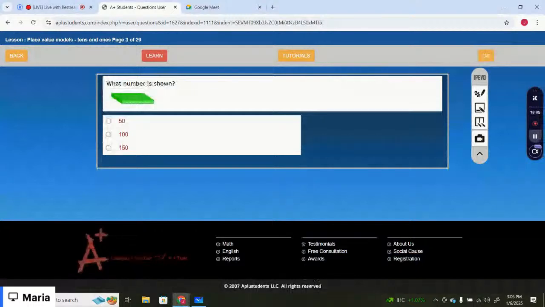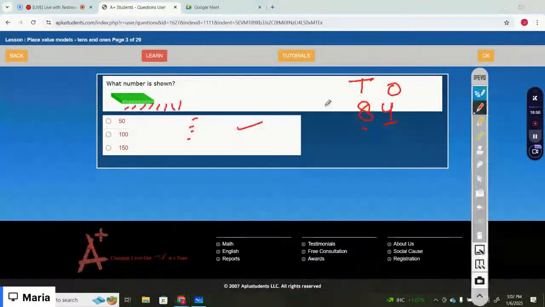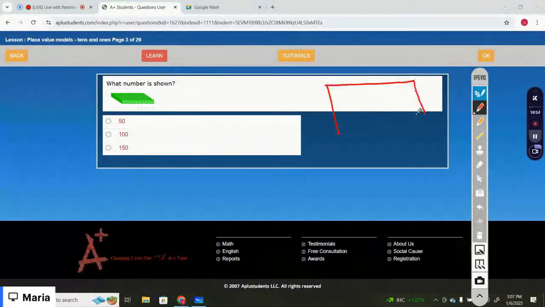Which number is shown? So the big square like this, you have 10 columns and 10 rows in this square, right? One, two, three, four, five, six, seven, 8, 9, and 10.